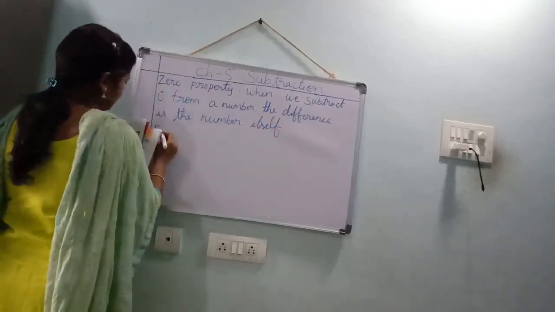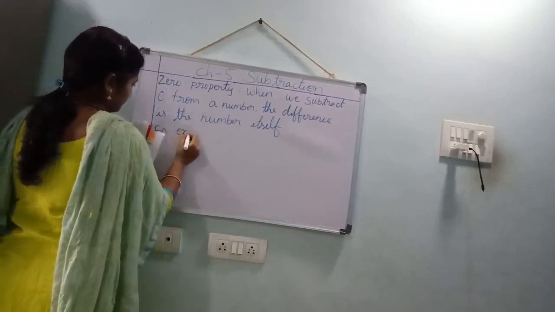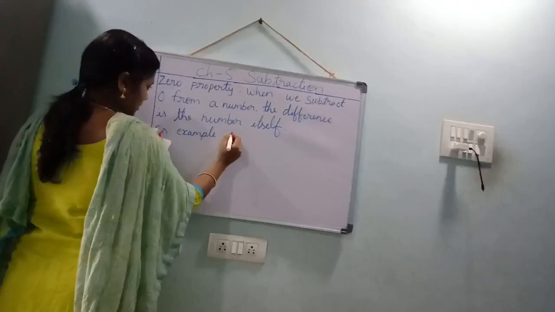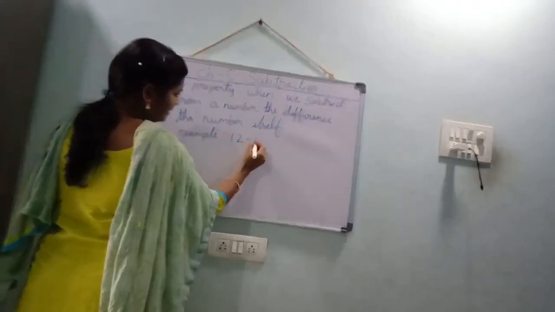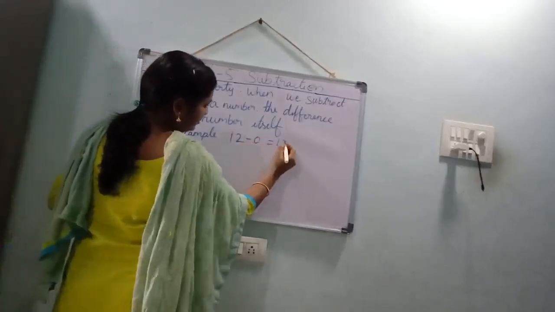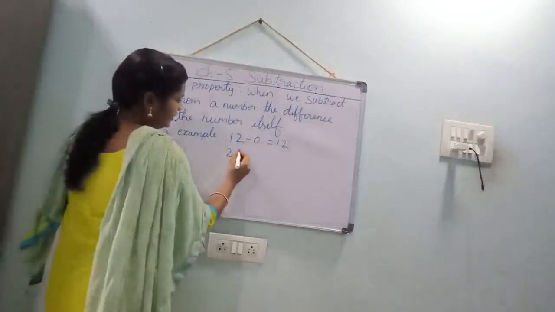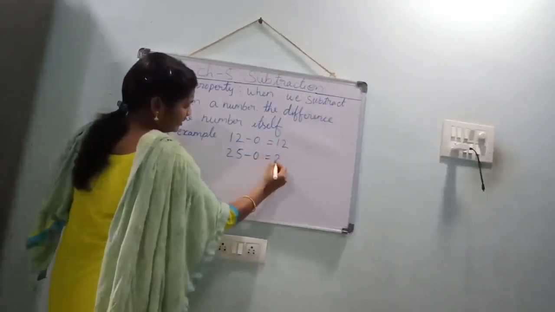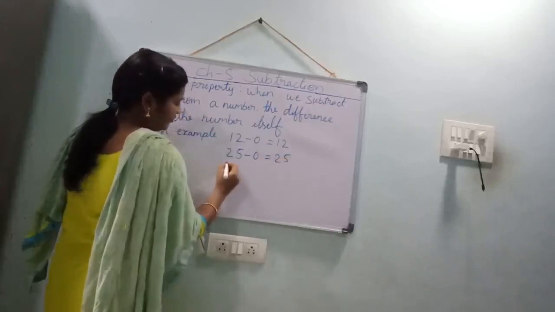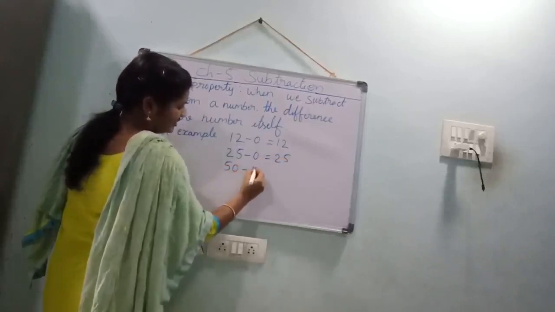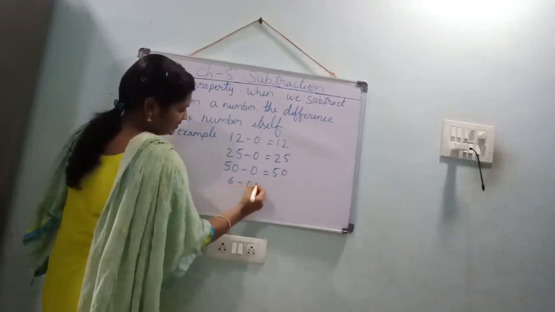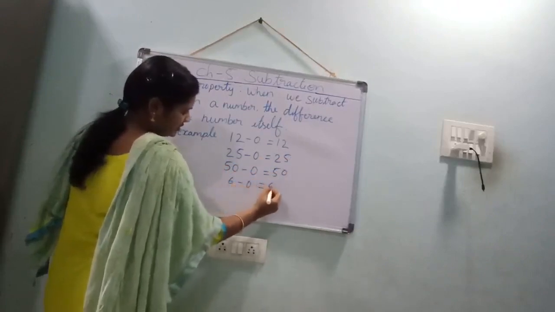For example, 12 minus 0 is equal to 12. 25 minus 0, 25. 50 minus 0, 50. 6 minus 0, 6.